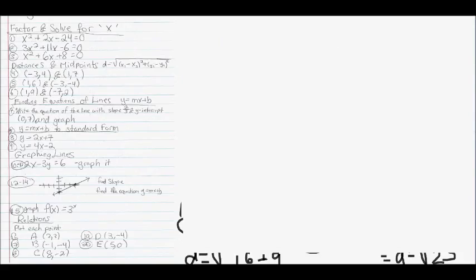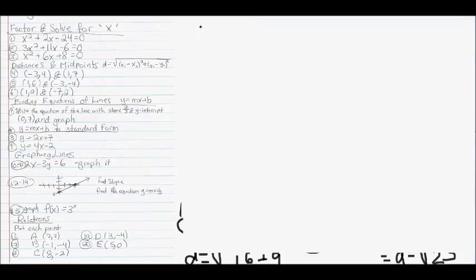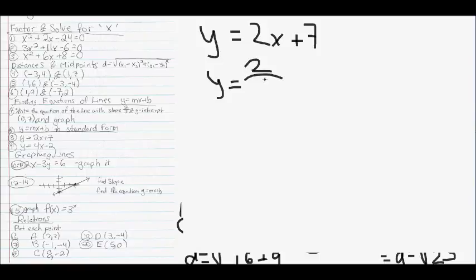Okay, delete this. Let's move to graphing the lines. So we have to graph the following line: 2x minus 3y equals 6. Let me get my brush. If you notice, this is already in y equals mx plus b form.